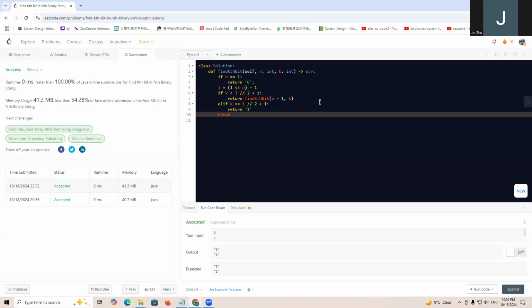Otherwise, we return 0 if find kth bit n minus 1 at L minus k plus 1 equals 1, and else 1. Like this.